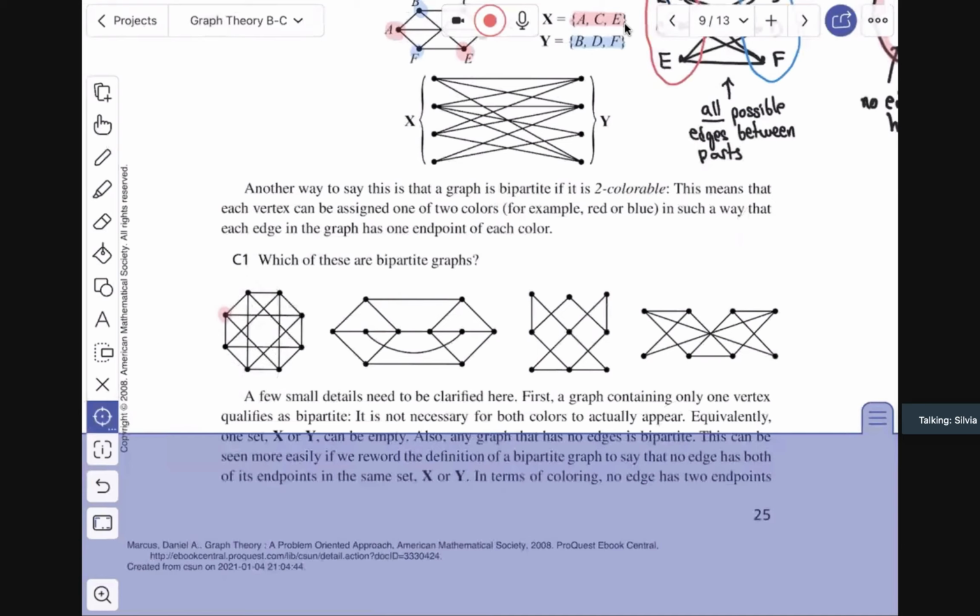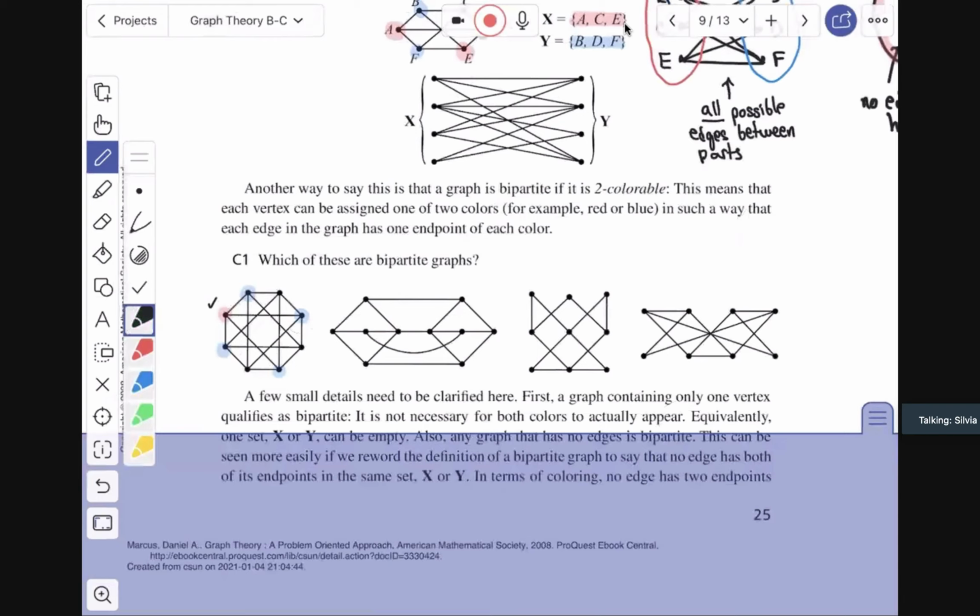The ending points are blue. That's the other color. They need to be in the other set. So they need to be blue. And now let's say this one is checked. That one is working. And then I can look at any of those blue ones, and I need to make sure that it is connected to only red ones.